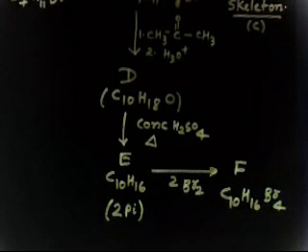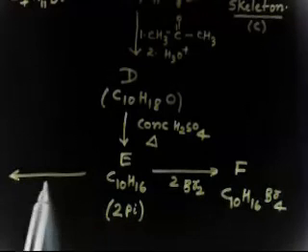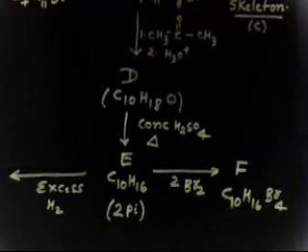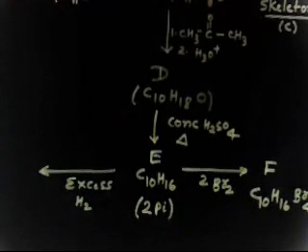Then E undergoes hydrogenation with excess H2, and this gives isobutyl cyclohexane.